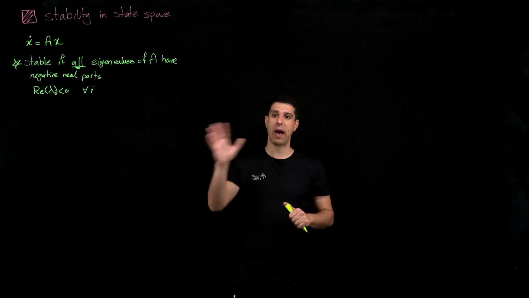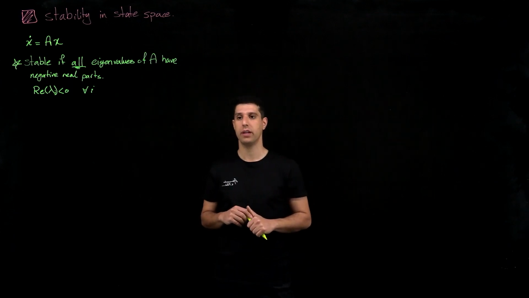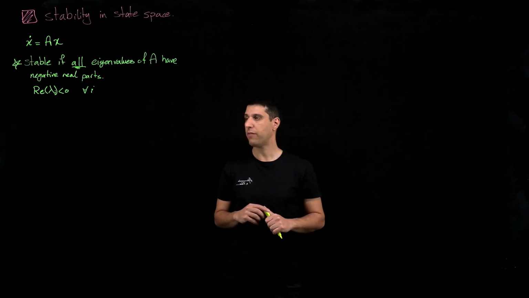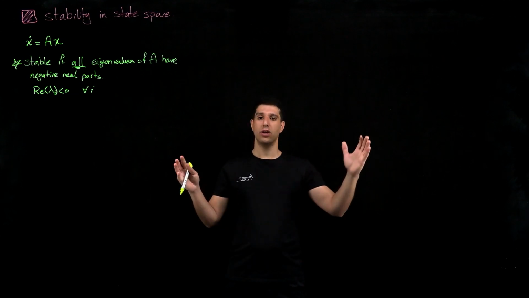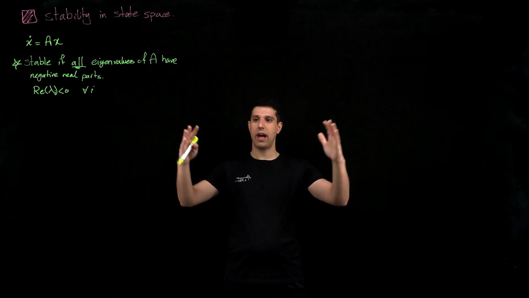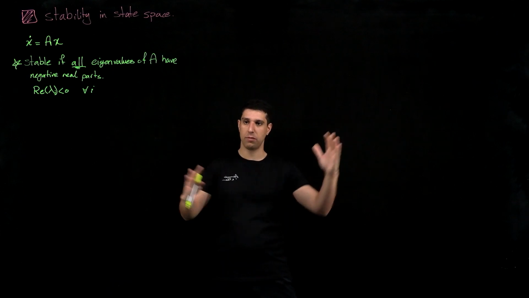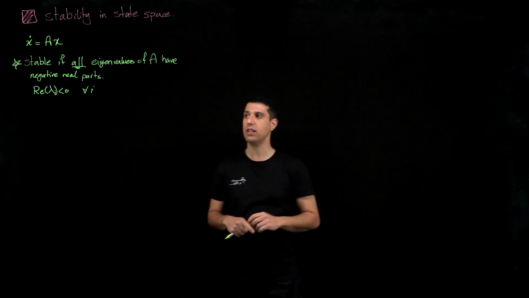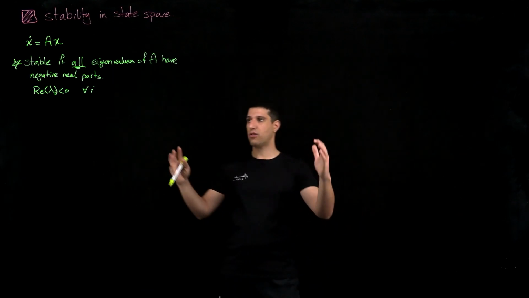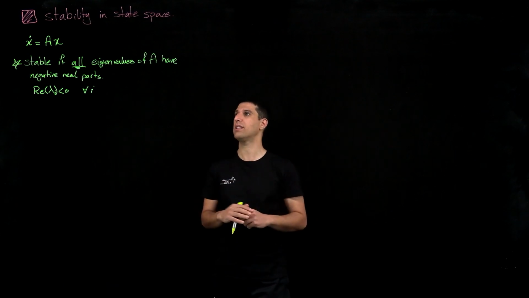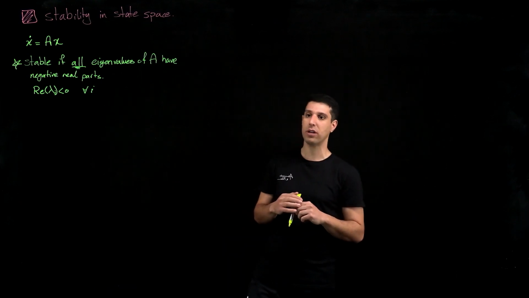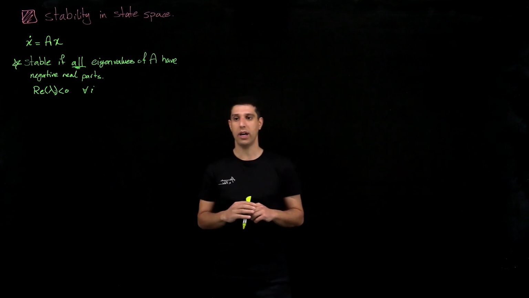And kind of going back to the idea of the phase portrait, we saw that these eigenvalues are the directions that are pushing the system, trying to contain it. And the direction of this containment is the real part of the eigenvalues.